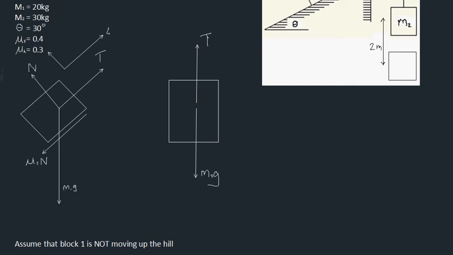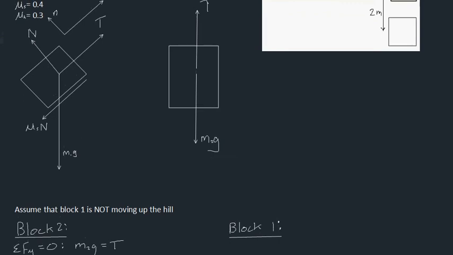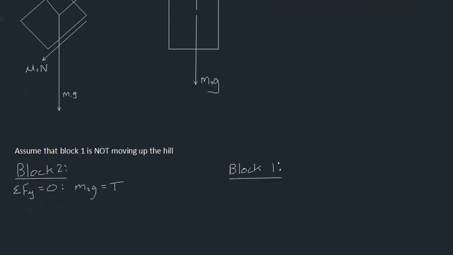So I'll call this the tangential direction, and I'll call this the normal direction. Now let's do some analysis. Well, we know that the sum of forces in our tangential direction is going to be equal to 0, right? And we also know that the sum of forces in our normal direction is going to be equal to 0 under the assumption that we've made earlier, right?